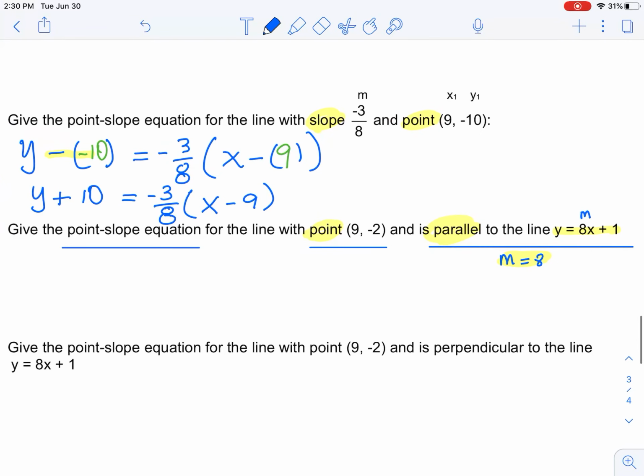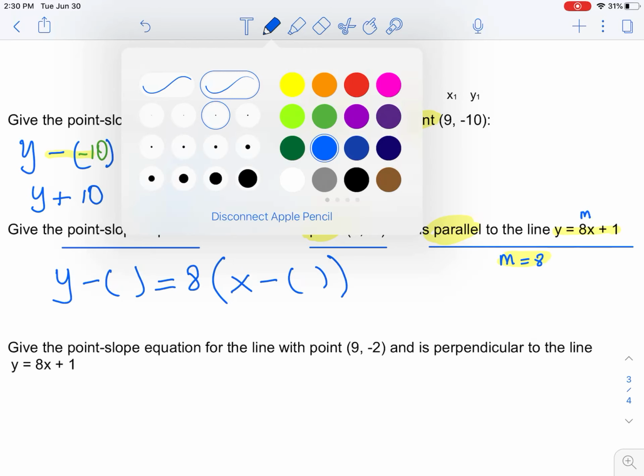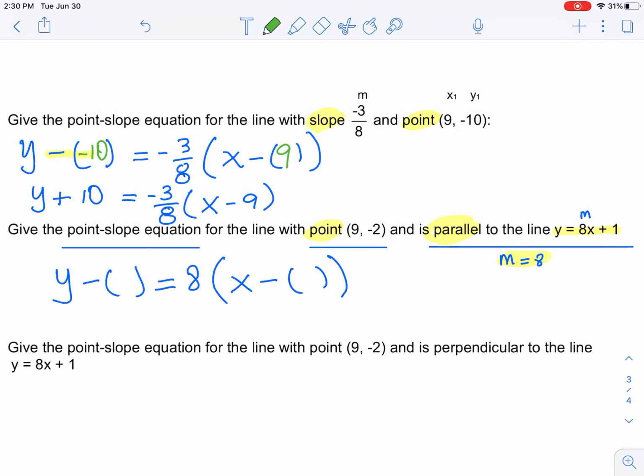So what we're going to do is go y minus y1 equals your slope, which is 8, times the quantity x minus x1. And now we can drop in the values.